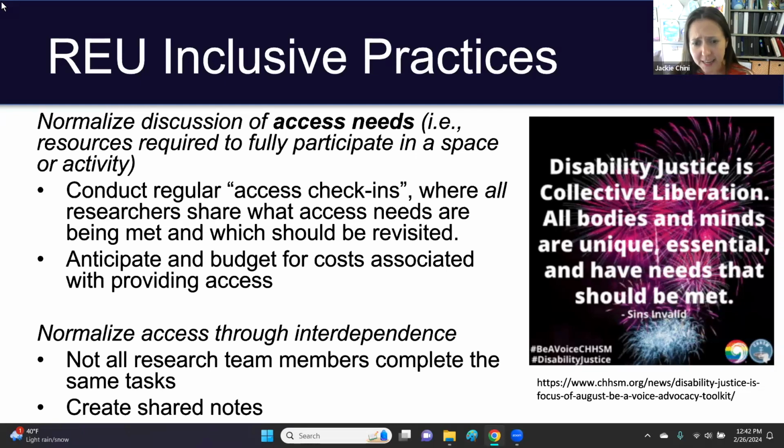The second idea that I have on this slide is normalizing access through interdependence. And this is in stark contrast with the idea of the lone brilliant physicist, right? So it is not actually essential for all research team members to complete the same task.